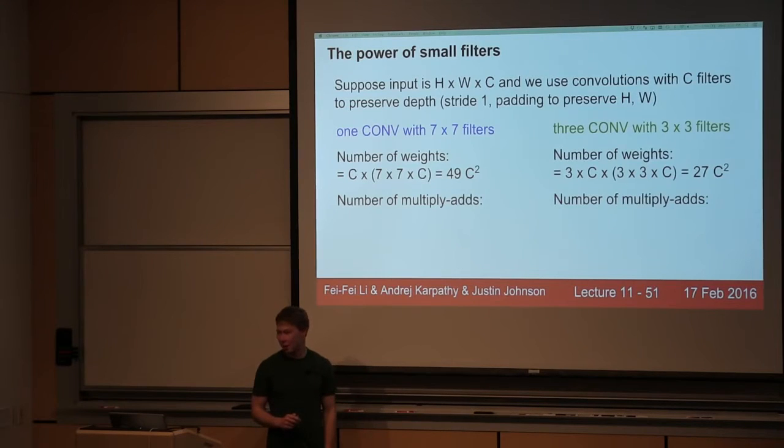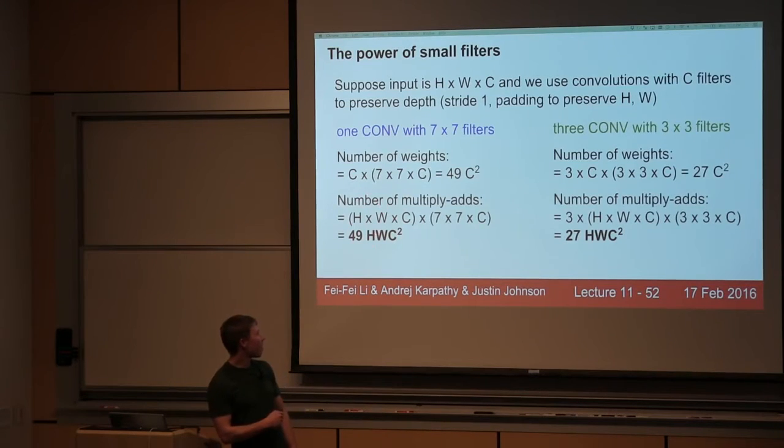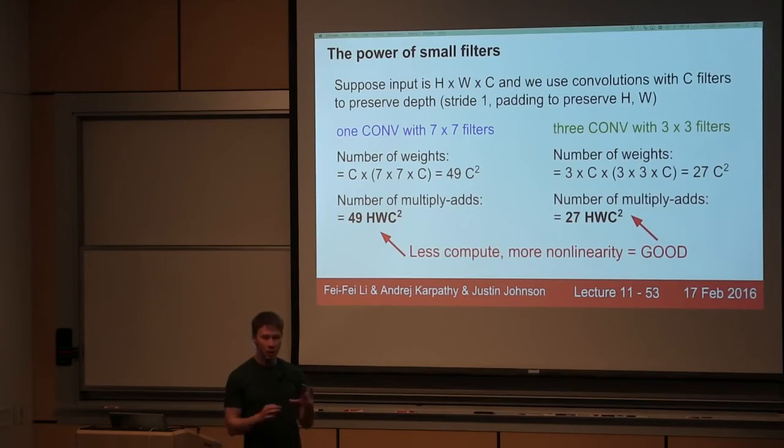Guess not? Sounds hard. Actually this is pretty easy, because each of these filters is going to be used at every position in the image. So the number of multiply-adds is just going to be height times width times the number of learnable filters. Comparing between these two, the 7x7 not only has more learnable parameters, but it also costs a lot more to compute.